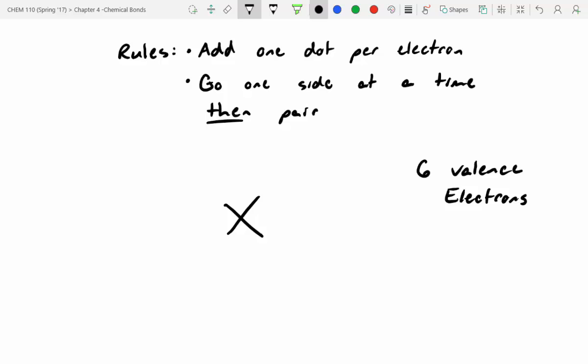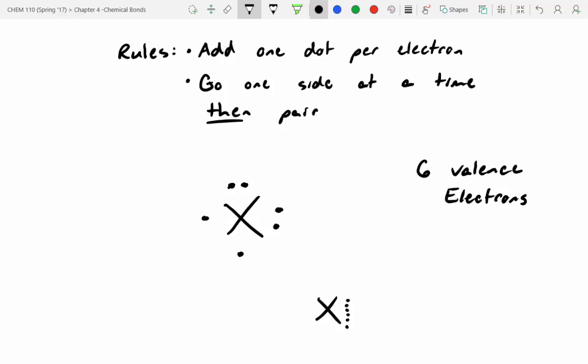So we go ahead and we'd say, all right, 1, 2, 3, 4. So we filled out all 4 sides. And then we start pairing. We go 5 and then 6. So this would be the correct Lewis dot structure for something with 6 valence electrons. What I don't like to see is somebody say, all right, 1, 2, 3, 4, 5, 6 all on the same sides.